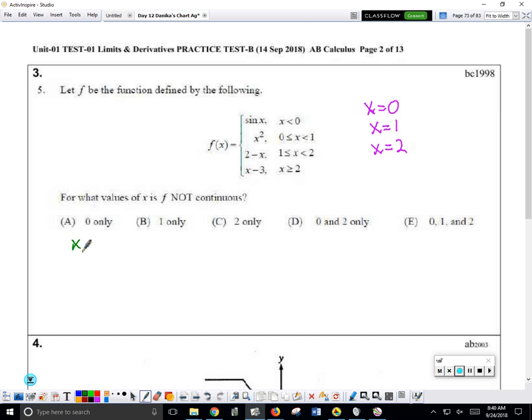So I'm just going to make a little table here. If we're a little bit less than 0, then I have to use this formula. So I'm finding the sign of something really close to 0. The sine of 0 is exactly 0.